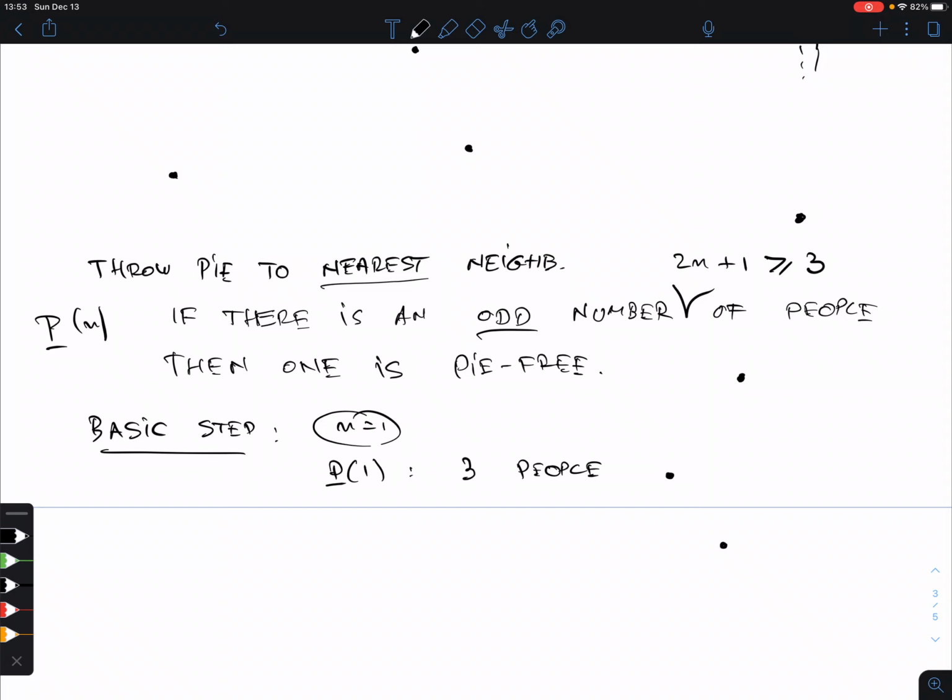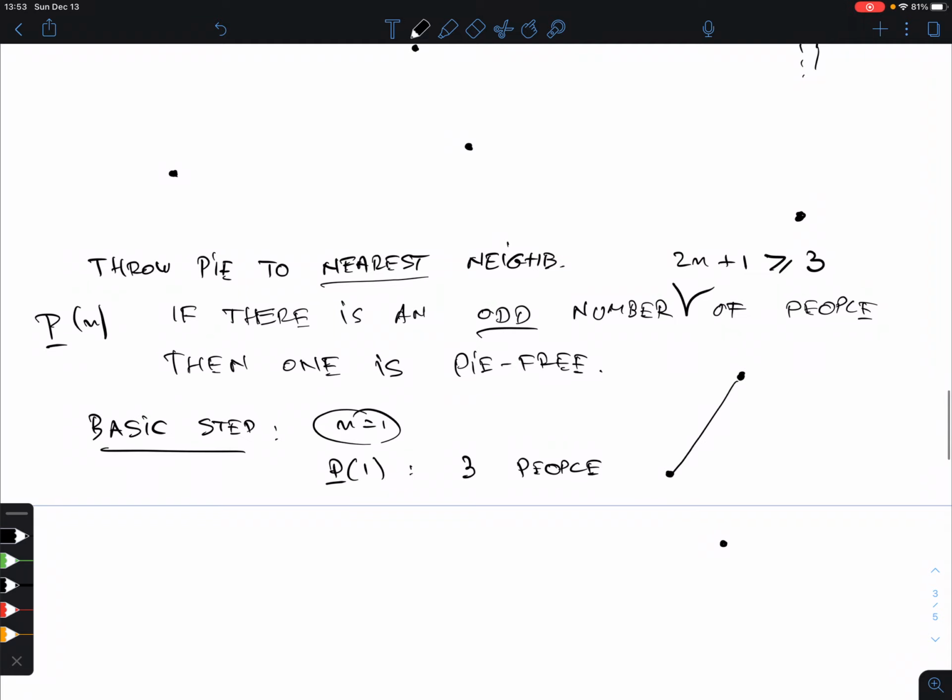That is just a triangle observation. There's one side that is the smallest side, and by assumption the 3 sides are different. That's what we're saying, the distances are different. So the 3 sides of this triangle, let me draw the triangle, are 3 different sizes. And there is one smallest size, and these 2 guys will throw pies to each other.